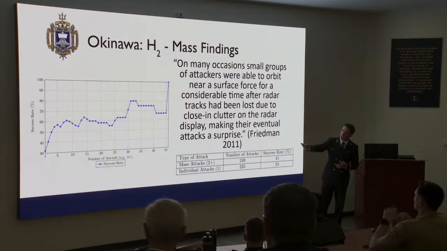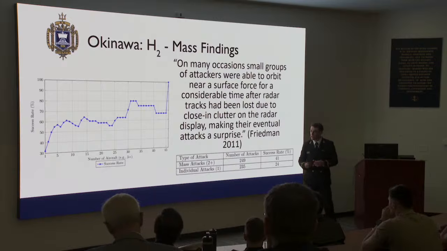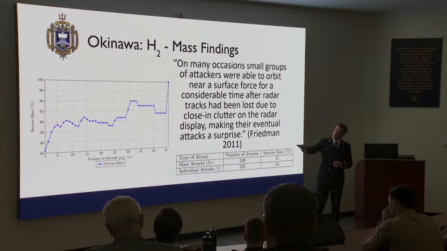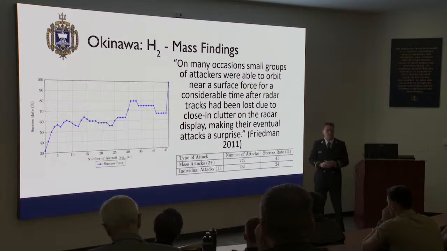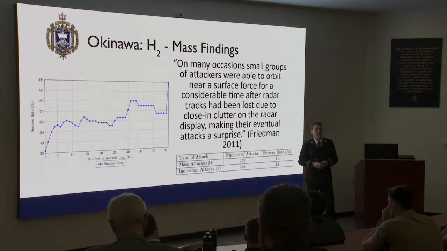So on the left side of the screen, we can see a graph. And when we go between 1 and about 8 kamikaze aircraft utilized in the attack, we can see the success rates increasing from about 30 to 60%. But then from about 8 until 29 aircraft, the success rates stay pretty stagnant, sitting around 60%.